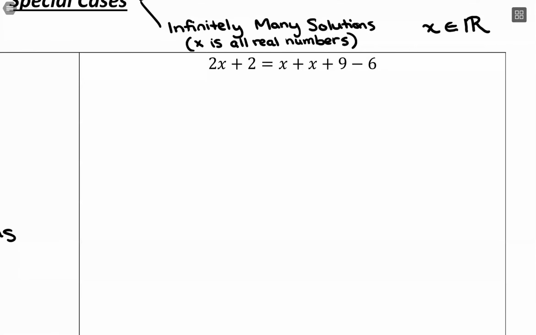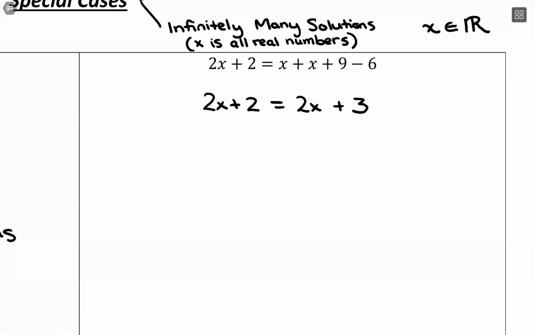Let's look at what happens with this case. We have 2x plus 2 on the left-hand side, and 2x on the right, and then 9 minus 6 is a positive 3. Compared to the previous example, we can see that now it doesn't balance. We can see our 2x values, but our constants are different.